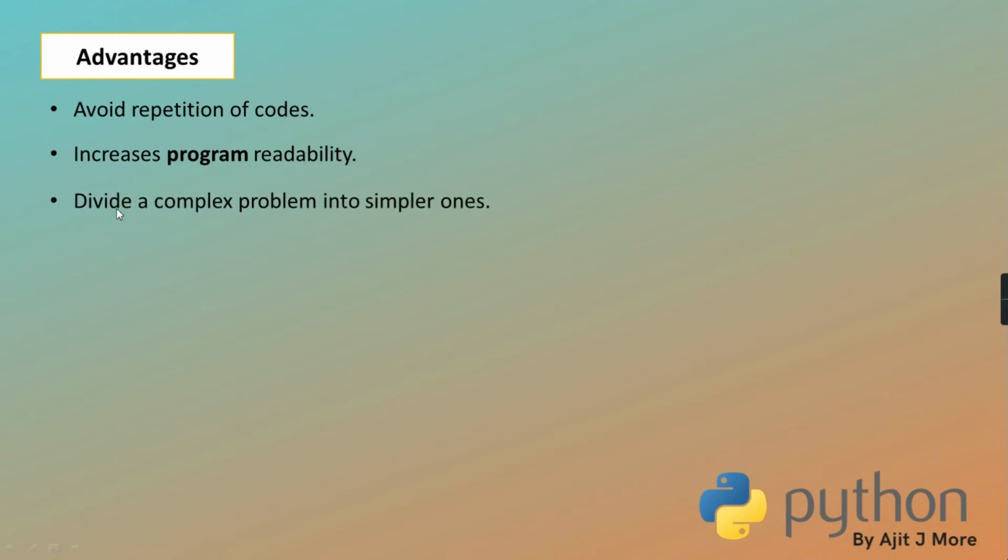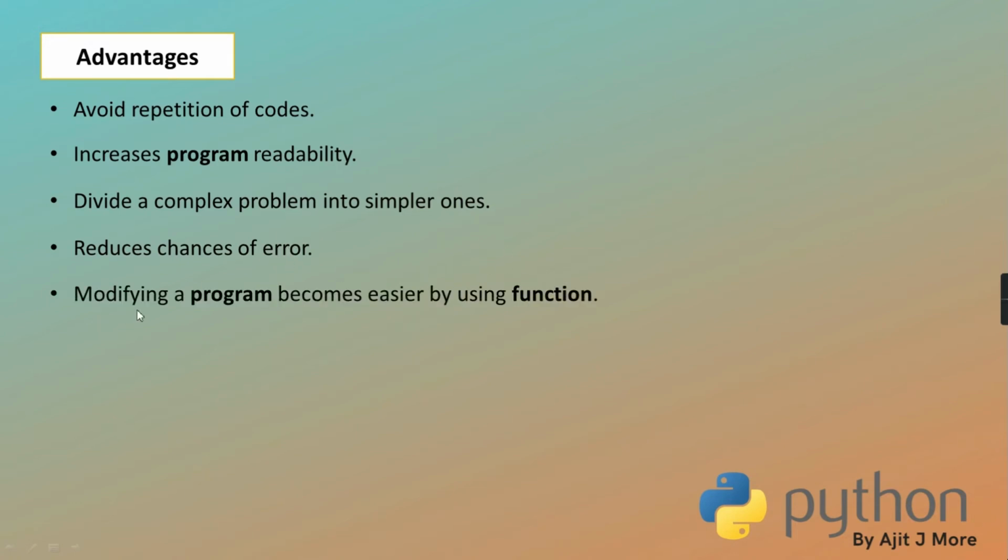Then the problem design approach itself is changing. You are dividing a complex problem into simpler ones. Chances of error reduce, because if there is one error, obviously there is an error everywhere if you don't write a function. But here the error will be localized only within that function.